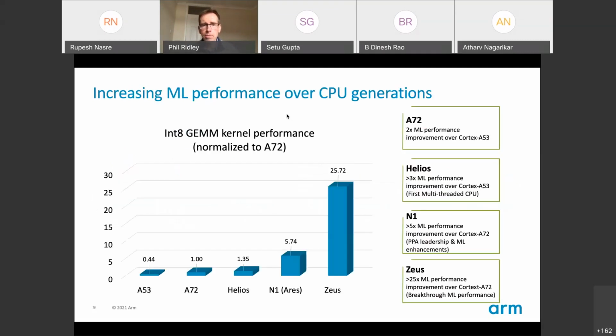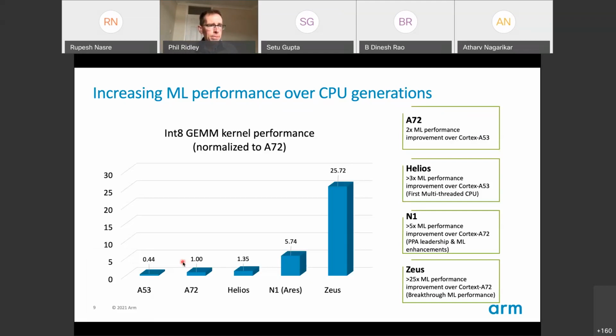In terms of what we've done for machine learning and applicability to our CPU designs, since around 9 years ago, 2012 or so, when the Cortex A53 was announced, we've added quite a lot of improvements to the processor to help capability for ML applications.